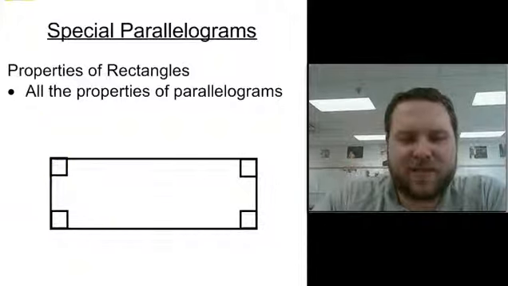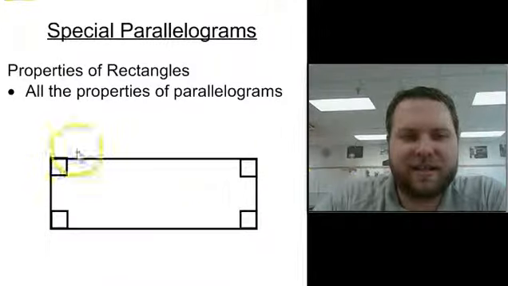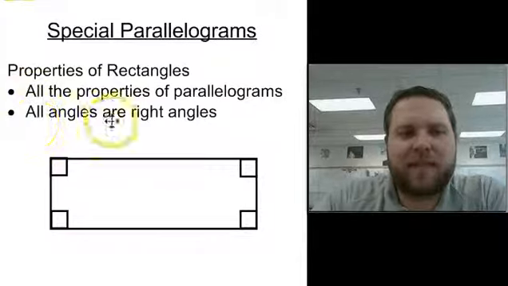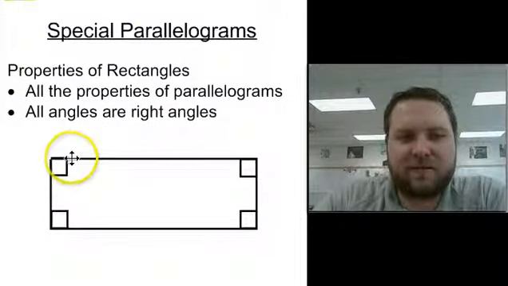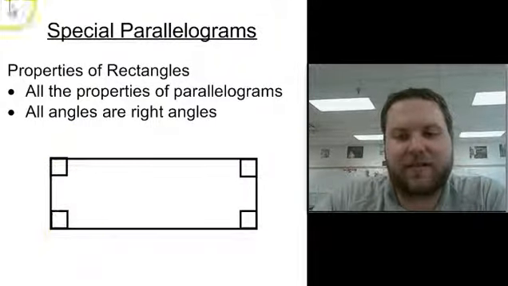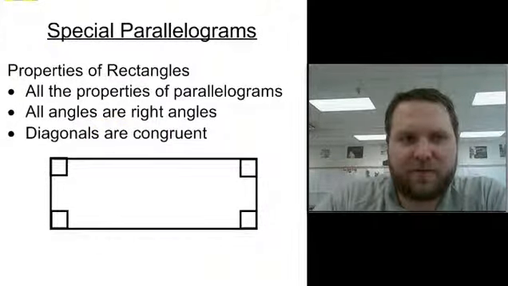So opposite sides are still parallel, opposite sides are still congruent, opposite angles are congruent, consecutive angles are supplementary, and the diagonals will still bisect each other. But now we can add to it that all angles are right angles. So if you're told it's a rectangle, we're not assuming anything by saying that all the angles are right angles. And lastly, we can say that the diagonals of this thing are congruent.